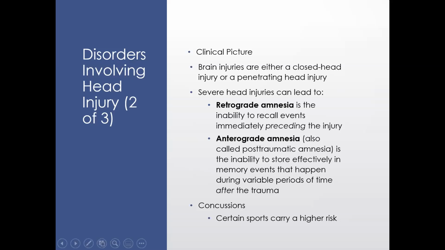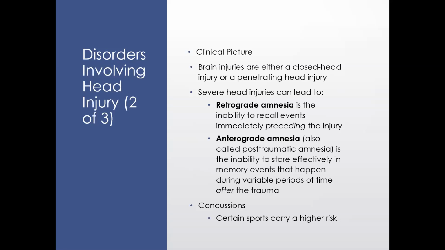And concussions most definitely can cause TBI, and certain sports carry a higher risk. There is a really interesting video on PBS about the NFL and how they were covering up and responding to concussions causing brain injuries. I can't remember what it is called at this exact moment, but if you just look up PBS, football, and concussions, you'll be able to find it.